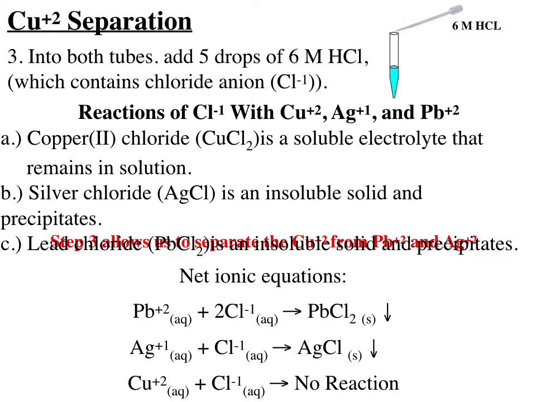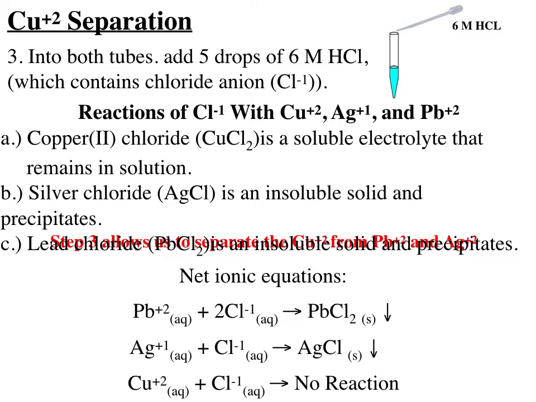But in any event, the series of experiments we're going to perform below will separate the ions from each other and characterize the ions so that we know qualitatively that each of them is present. So the first series of reactions is designed to separate the copper cations from silver or lead cations.